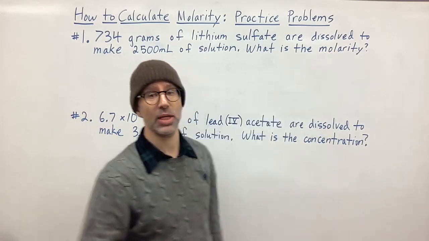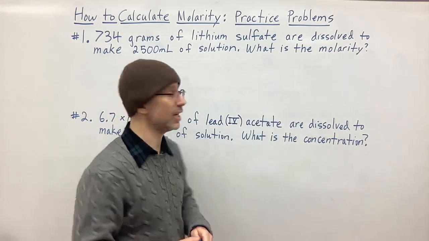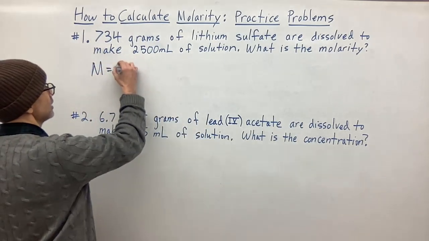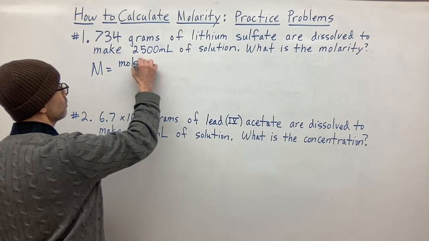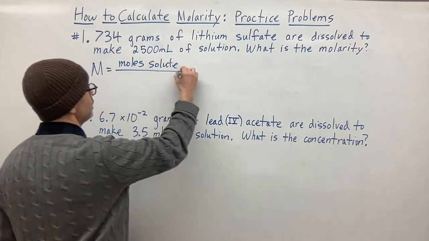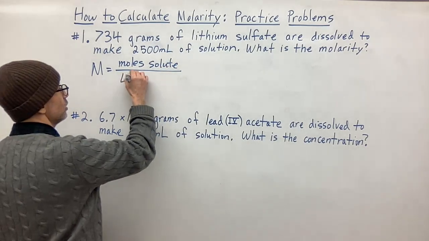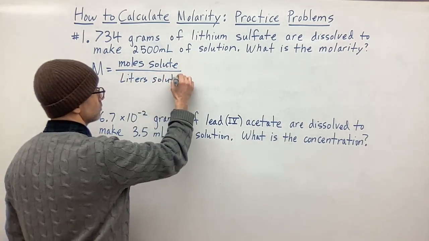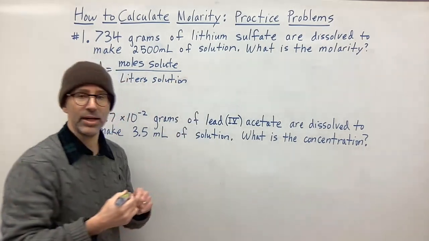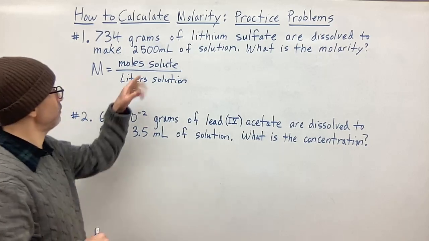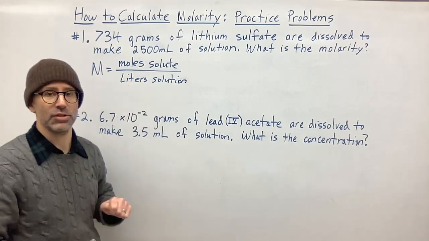Okay, so molarity. We need to know what molarity is. Molarity is represented by capital M, and that's moles of solute divided by liters of solution. So now that I know what the definition is, I can look for those parts. So I need to find moles of solute and I need liters of solution.